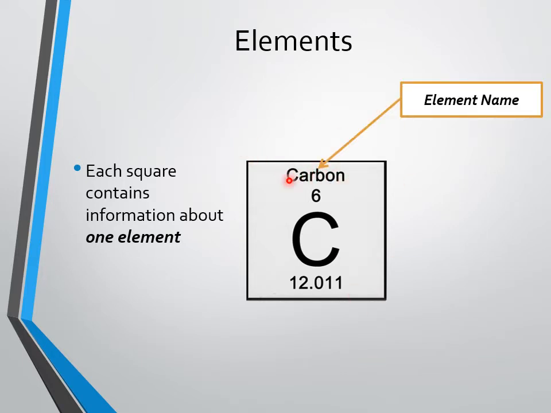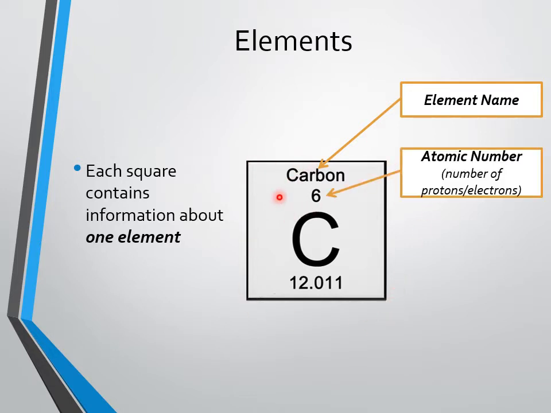It has its element name written up at the top. In most cases, this is how it's oriented, so we'll just talk about it this way. So we've got the element name at the top, the atomic number, that's how many protons and electrons there should be if it is a pure element. The symbol, which is a 1 to 2 letter abbreviation of the name.